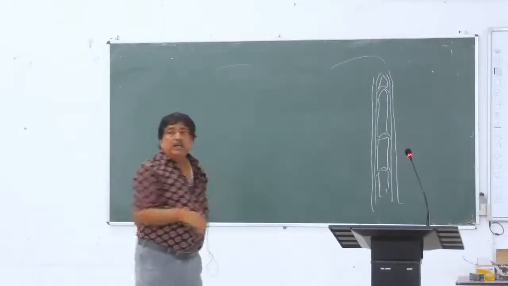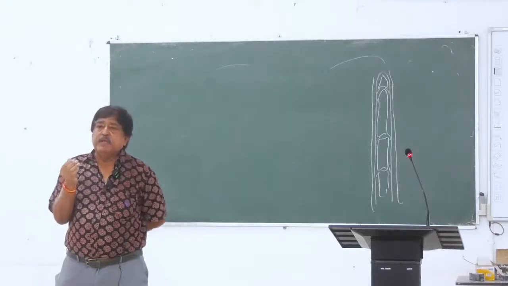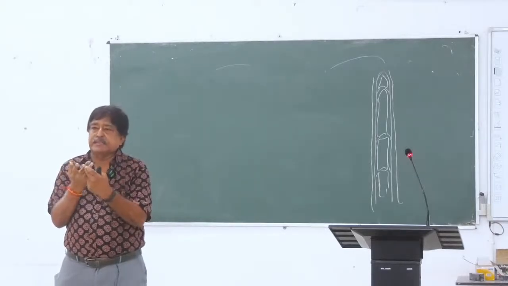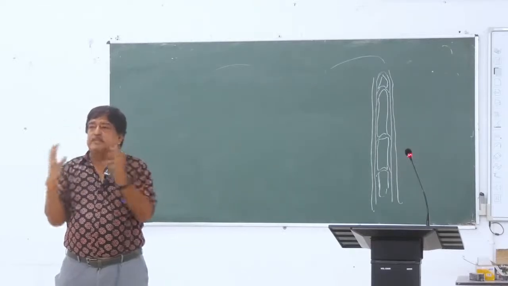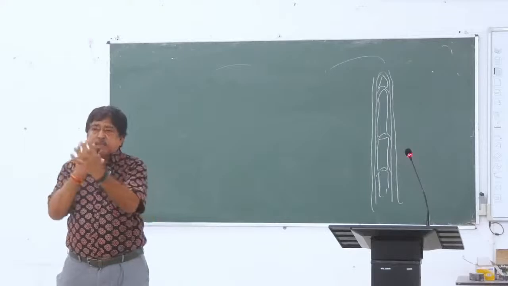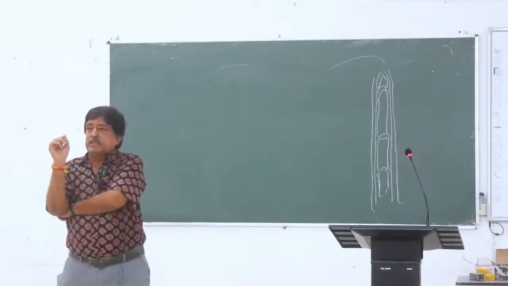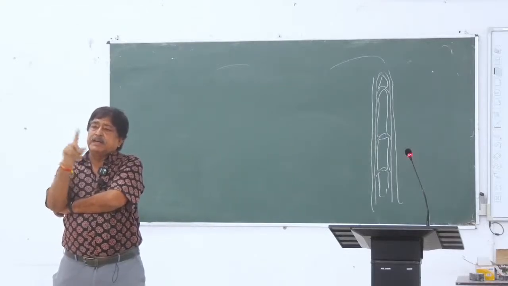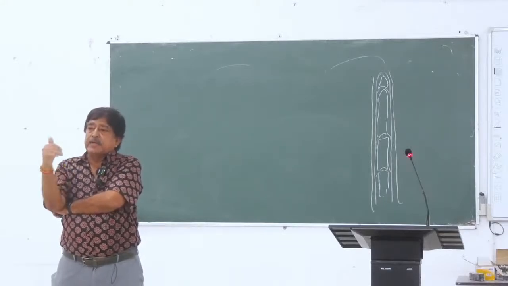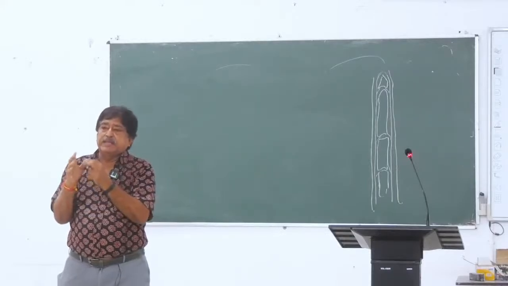Now why I'm saying the hand is so precious: if one vessel gets injured, then it can be by their bypasses, they will definitely supply the hand, because it is a cross-circulation network.